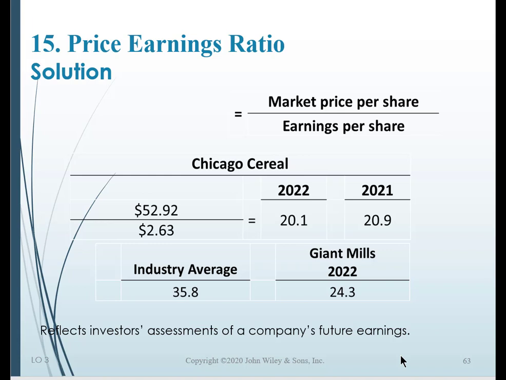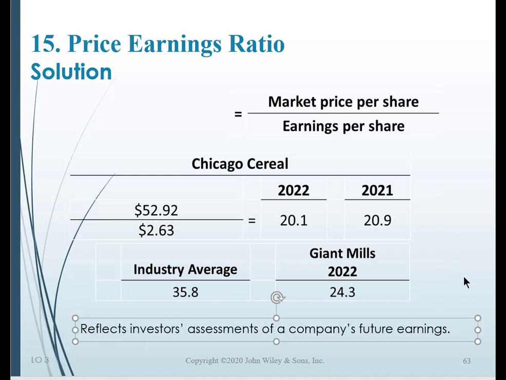The next ratio is kind of an important number. In the investments world, this number is very important. This number tells us how investors feel about a company's future. And the reason we talk about investors' assessments is because we're talking about the market price per share.